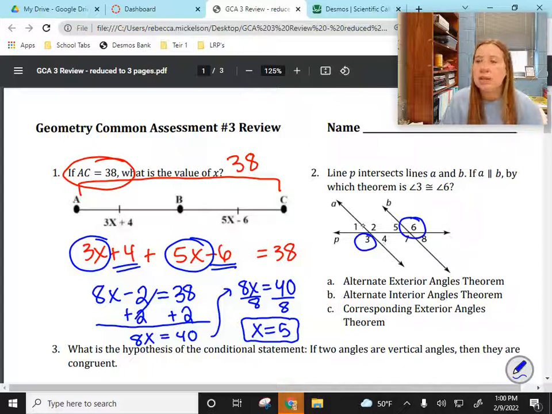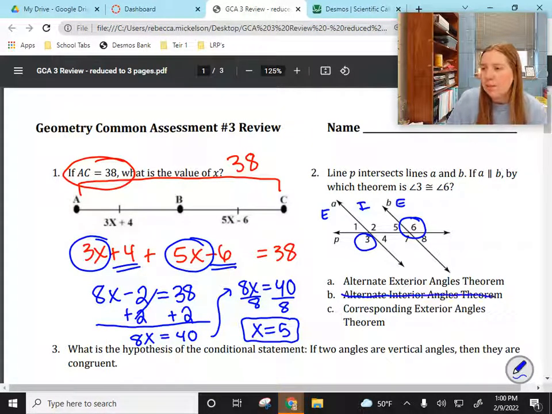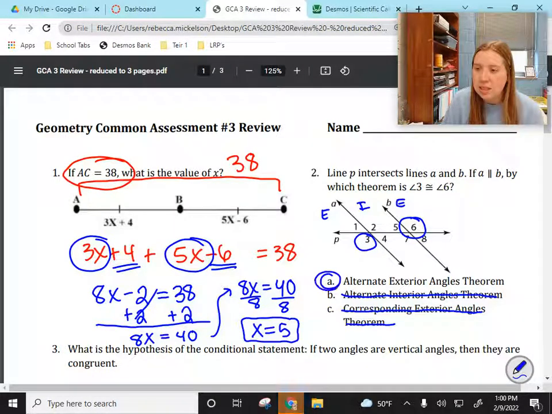Remember, we were labeling these our exterior, our interior, and our exterior, and I noticed that both 3 and 6 are in my exterior, so it can't be my interior angles theorem. And option C, corresponding exterior angles, wasn't one of our theorems. Hopefully we can see that 3 and 6 are on alternate sides of line P, and they are both in the exterior. So A is my correct answer.